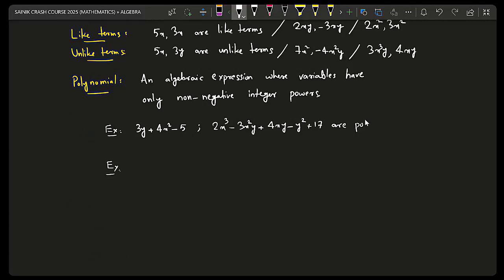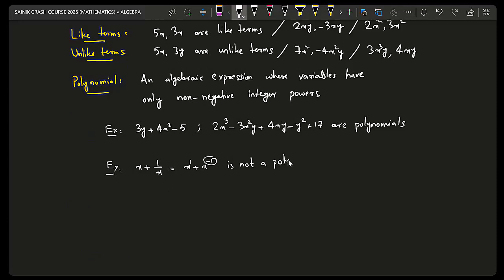These are polynomials. For example, if I take x plus 1 by x, what do you think, Mayuk, is this a polynomial? Sir, no. Why? Because x is x power 1, but 1 by x is nothing but x to the power minus 1. I told you that to become a polynomial, negative powers are not accepted. So because of this, it is not a polynomial.